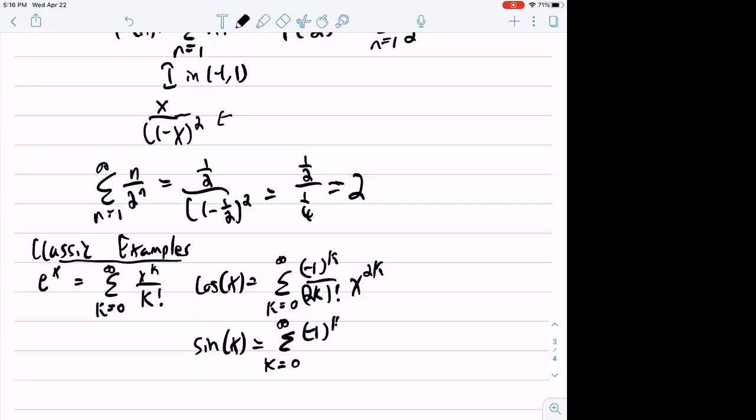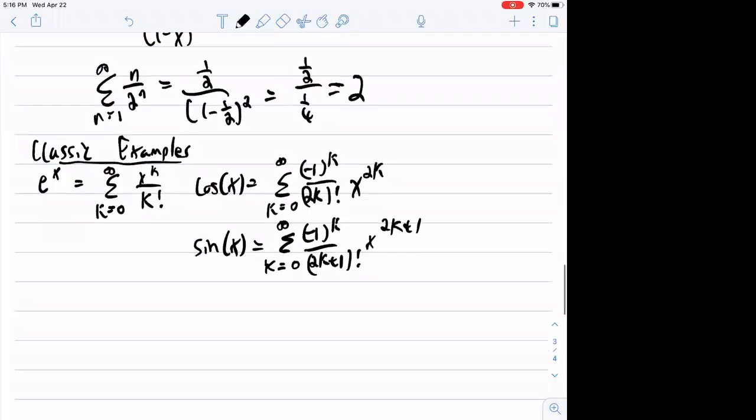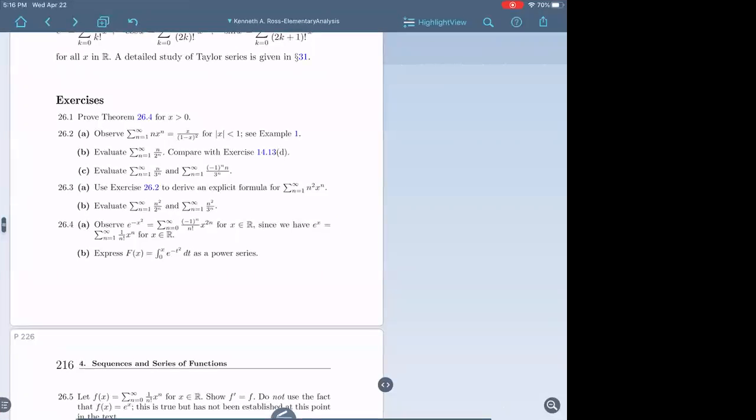Hopefully this looks familiar because there's something similar on your homework, showing that the derivative of one is the other. In this case, the derivative of cosine is sine with a negative sign, and the derivative of sine is cosine. I think the series he gave on the homework is not exactly cosine and sine, it's the hyperbolic ones, like hyperbolic cosine and hyperbolic sine. Okay, so let's continue. These are just classic examples. We're not going to prove that.